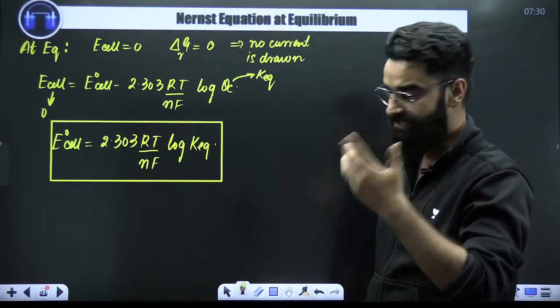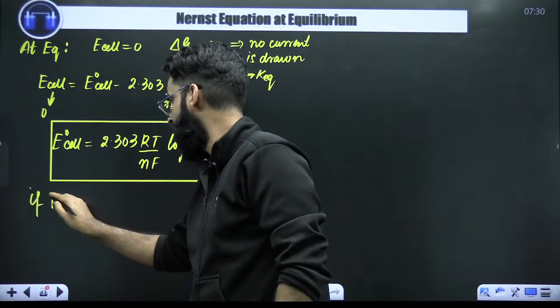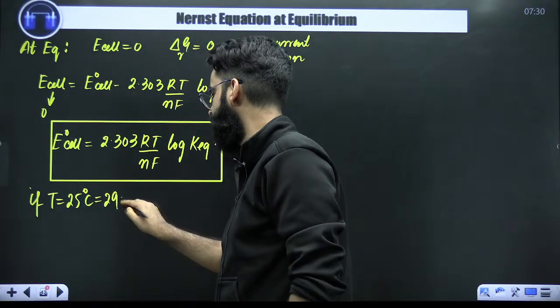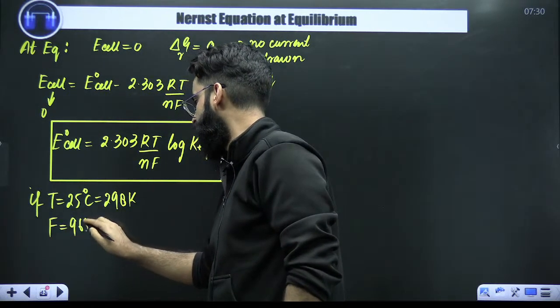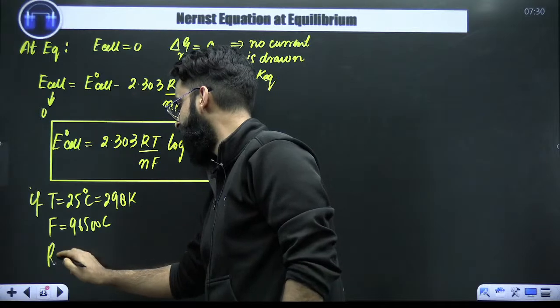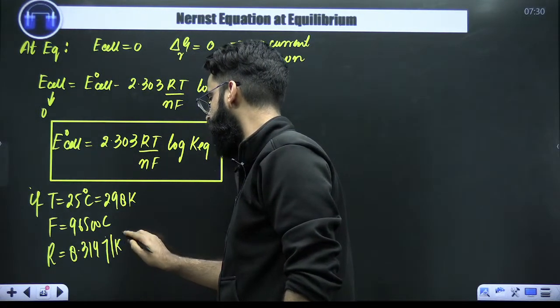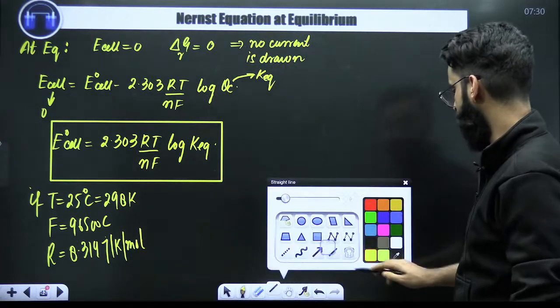Right? Now, my dear students, you can use few more things as well. See, if you use T is equal to 25 degrees centigrade, which is 298 Kelvin, if you take the value of F as 96500 coulombs, if R value is taken as 8.314 joules per Kelvin per mole, at that point of time, your Nernst equation looks like this.